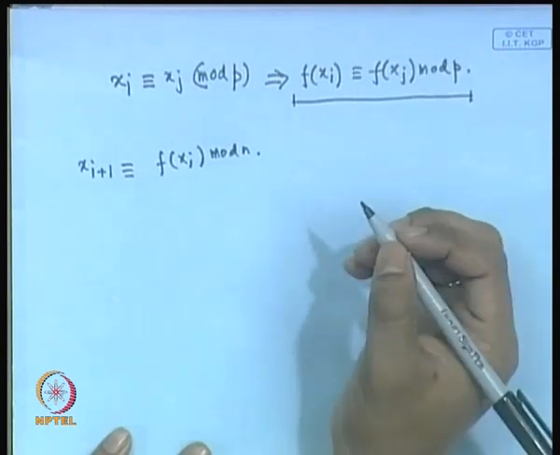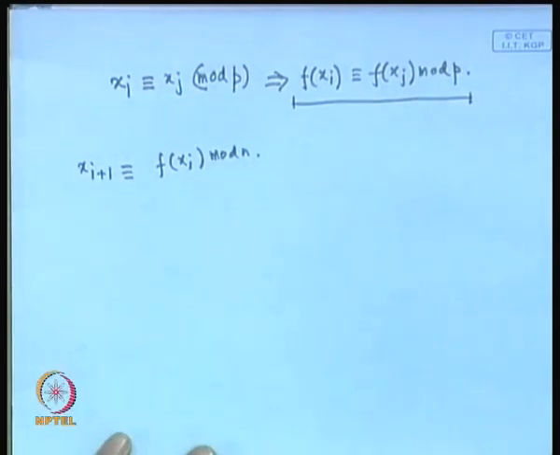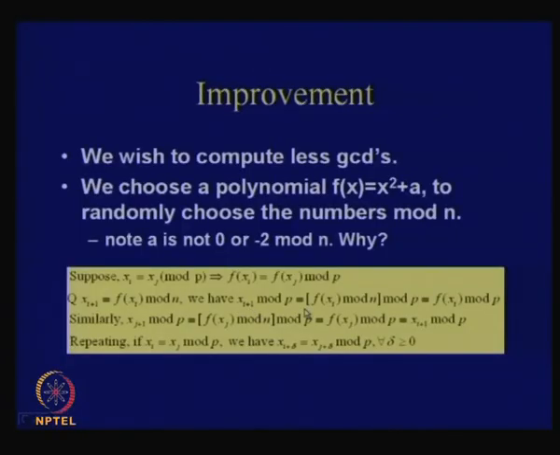We have x_{i+1} mod p equal to f(x_i) mod n mod p, and that is equal to f(x_i) mod p. Why? Because x_{i+1} is equal to f(x_i) mod n.